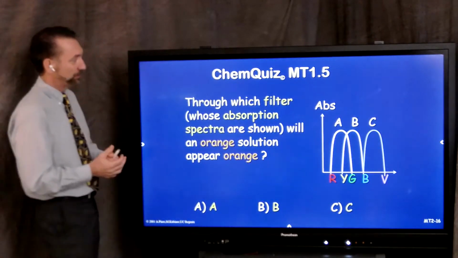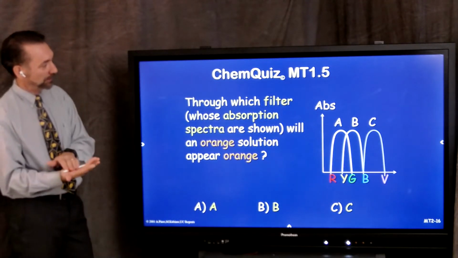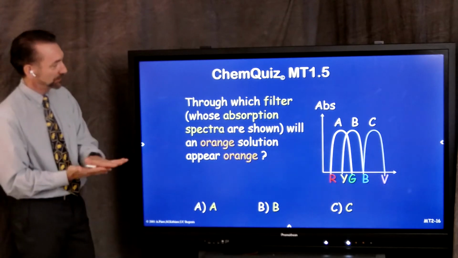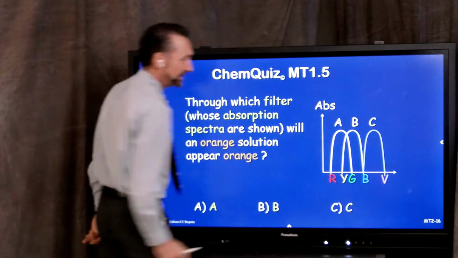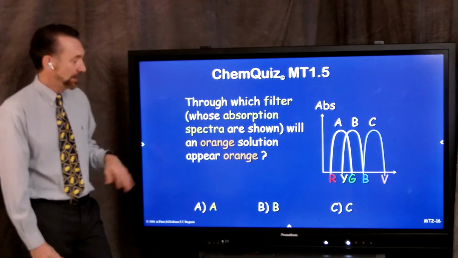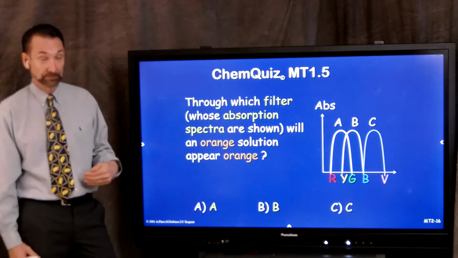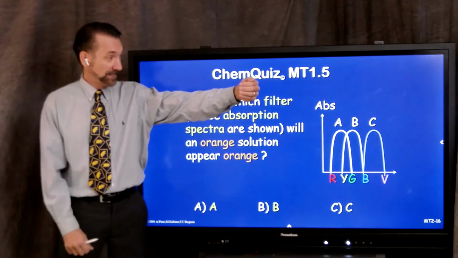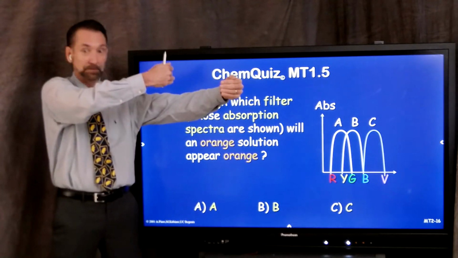So let's do a chem quiz about absorption and emission spectroscopy. So I have 3 filters here, A, B, and C, and I've shown the filter's absorption spectrum. And I'm going to ask, if I have an orange solution and I look at it, I see that it's orange, I put these various filters in between.